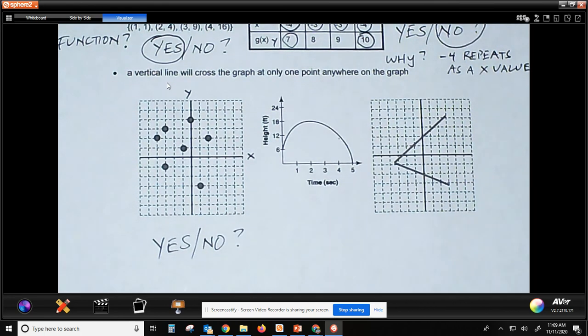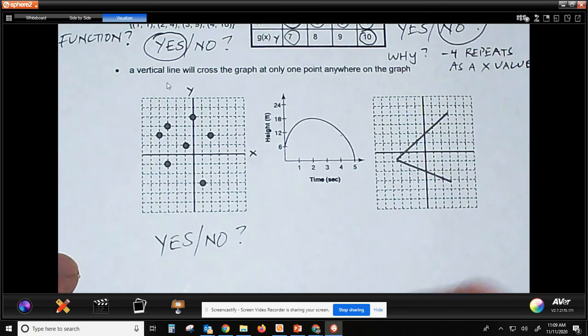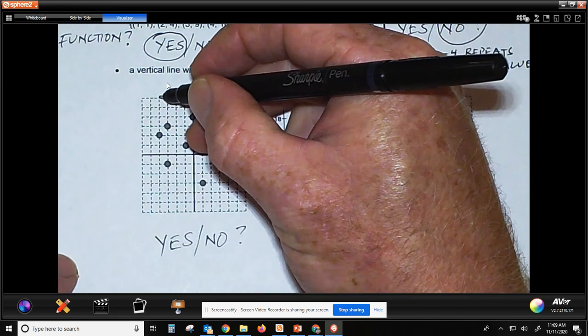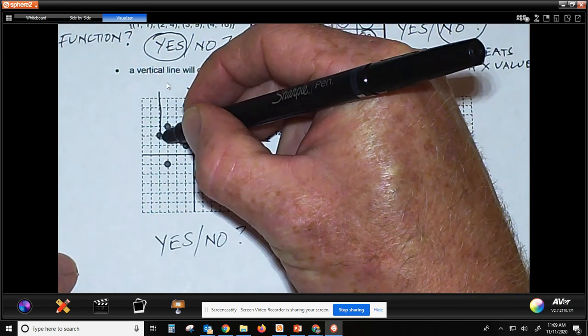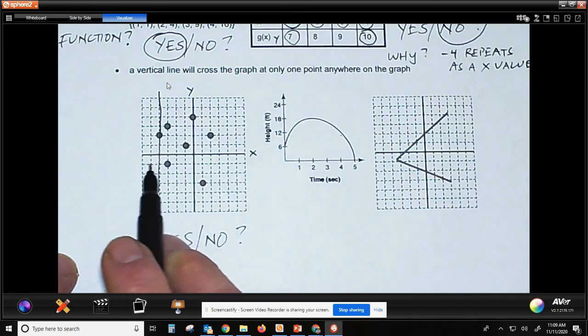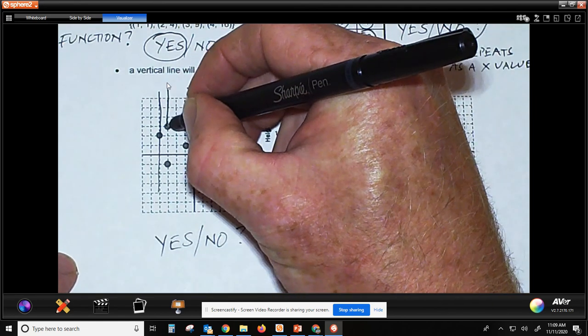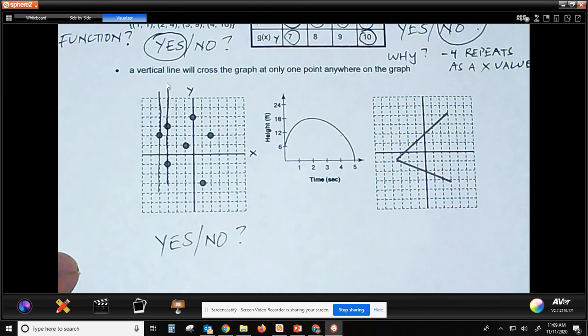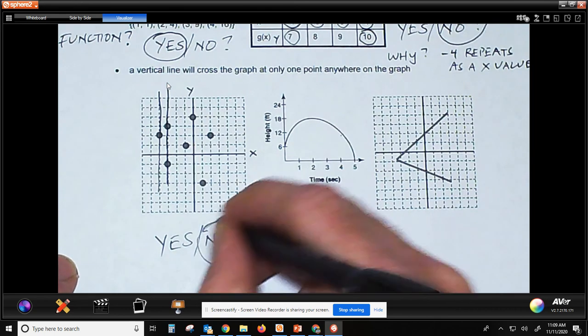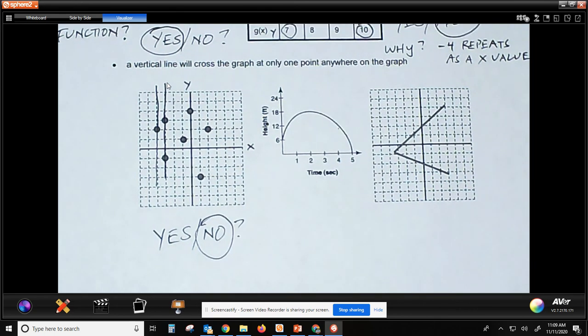And Tony, what do you say? If you draw a line down each one, it's 2. So if you draw a line, vertical line test they call it, that point is good. Only one x gives you one y, but the second one fails right here. Therefore, this is not a function.